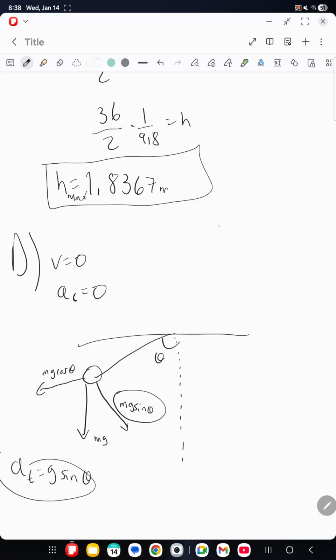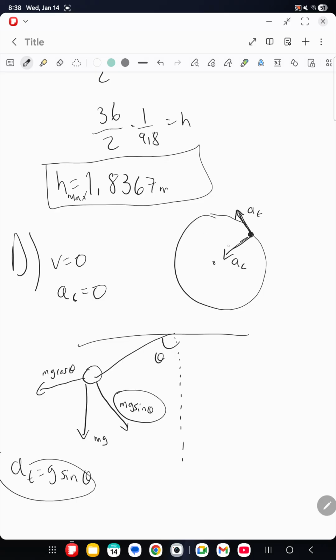So just remember, when a mass is moving across a circle, it could have tangential acceleration, which is this one right here, but it could also have centrifugal acceleration. This is essential in rotational mechanics, and in classical mechanics in general.